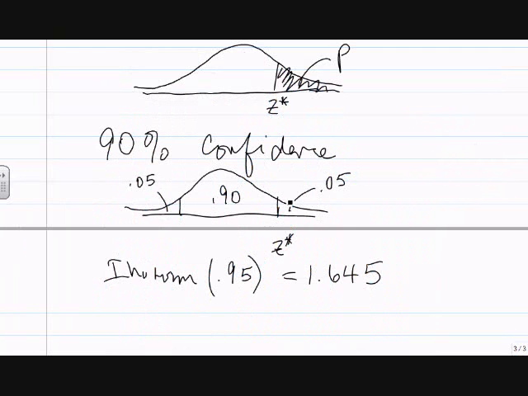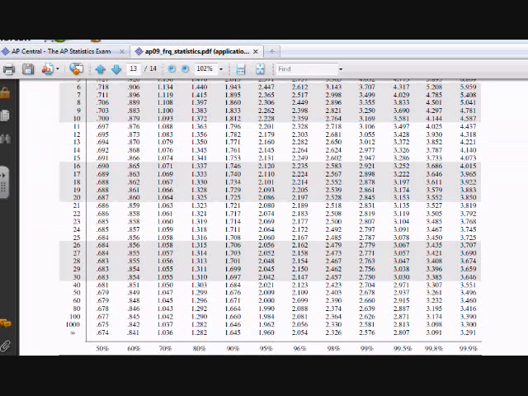Because inverse norm takes the area to the left of your value, which would be 0.90 plus 0.05. If you push that into inverse norm, it tells you what the Z value is right here, at 95% to the left and 5% to the right, because inverse norm takes as its argument area to the left. So you have to do 100 minus 0.05, or 1 minus 0.05.